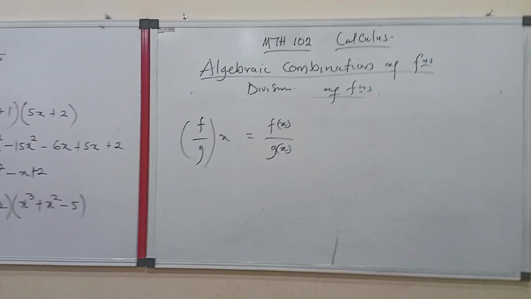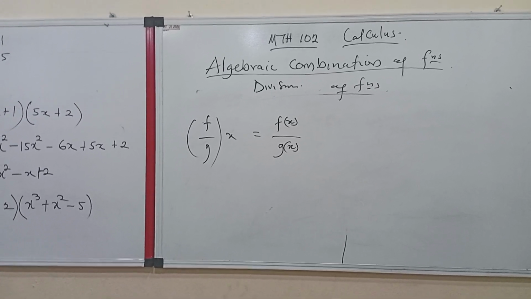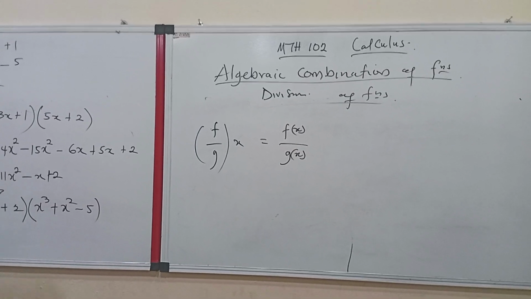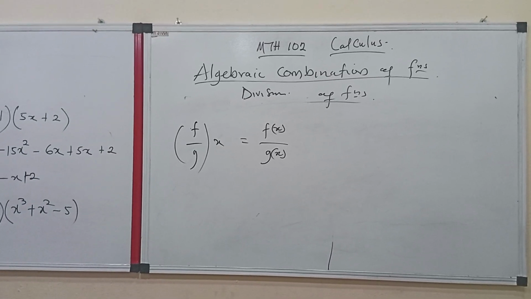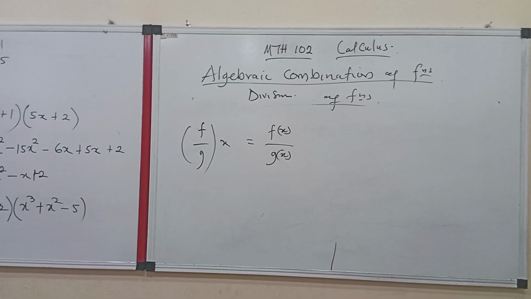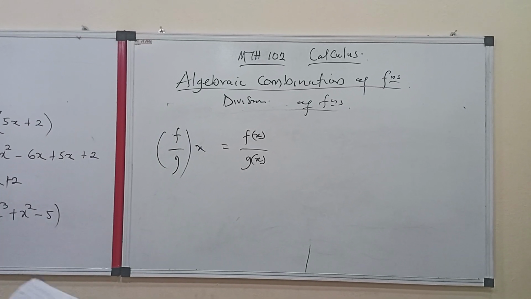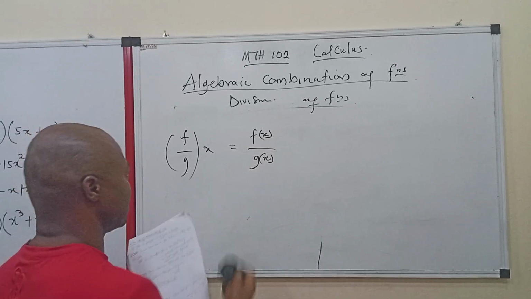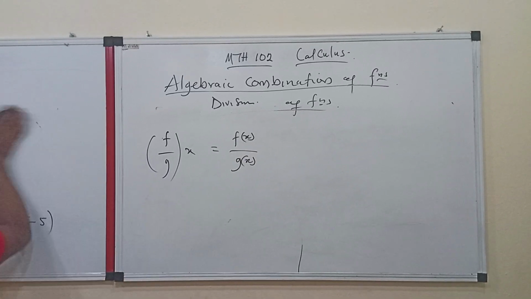Now, let's say f of x is equal to this and g of x is this. All that you do is just to place them in their various positions. Now, I want us to look at this. The audience, if this is the definition that we have, then I will want us to look at this.